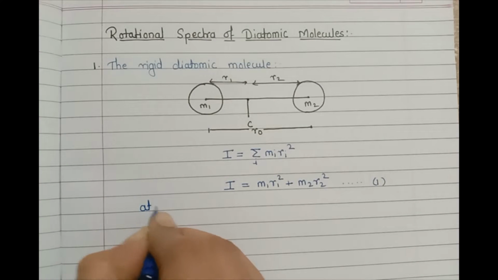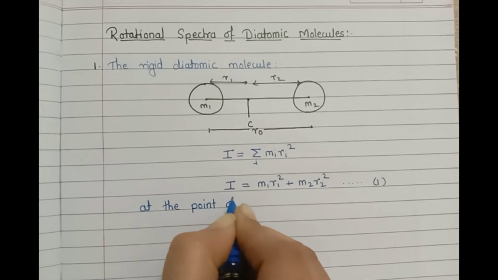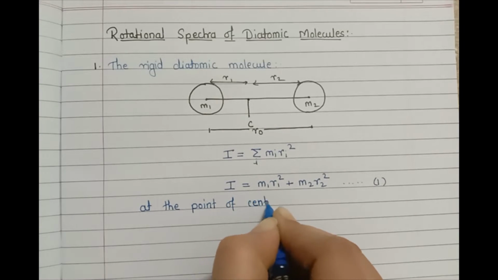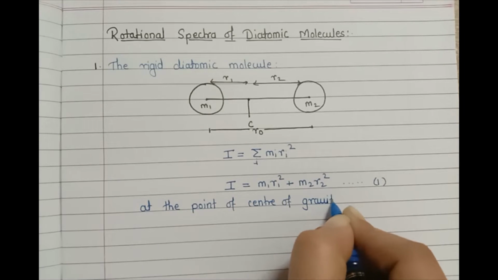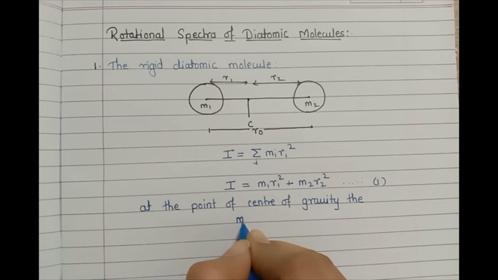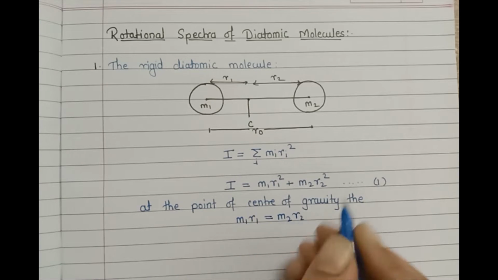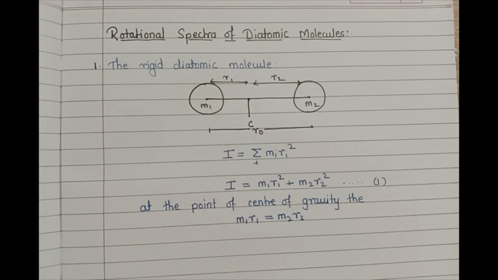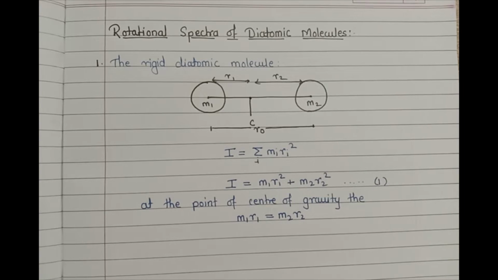At the point of center of gravity, the condition is that m1 r1 is equal to m2 r2, and at that point the molecule gets stable.